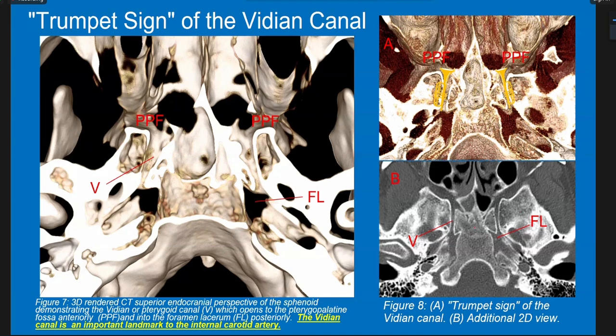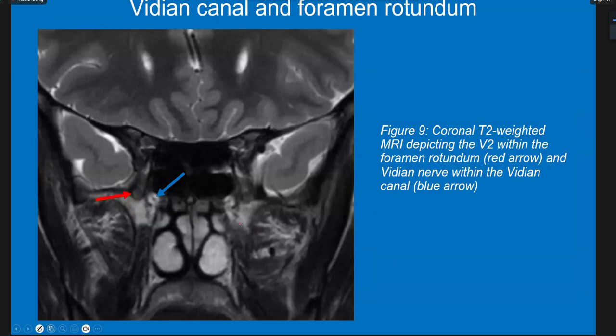On the 2D perspective, again, you can see the pterygopalatine fossa, the Vidian canal, opening up into the foramen lacerum. So we have the Vidian canal, the Vidian nerve here, and then you have the rotundum. So that's V2, and here's the Vidian canal.